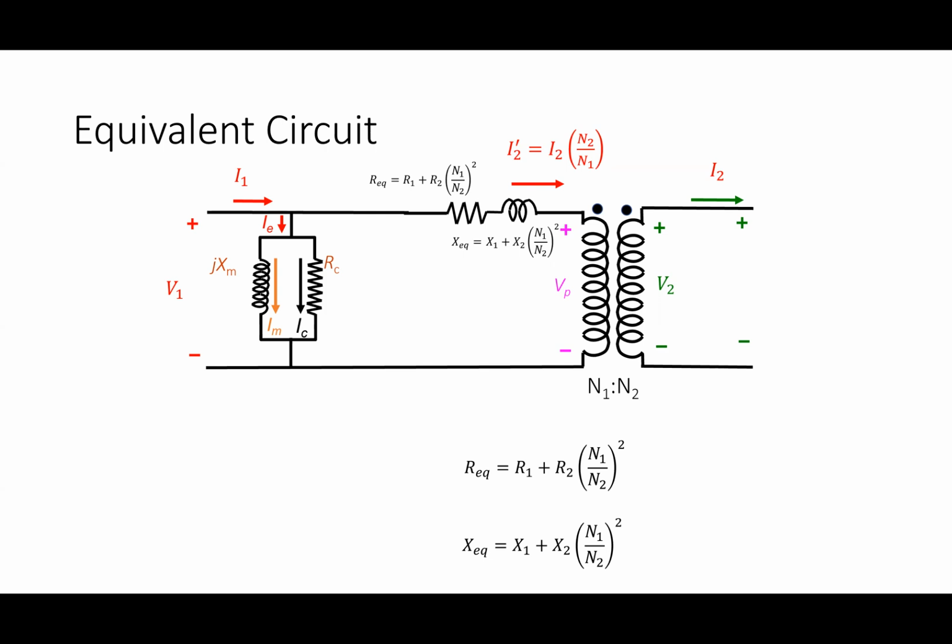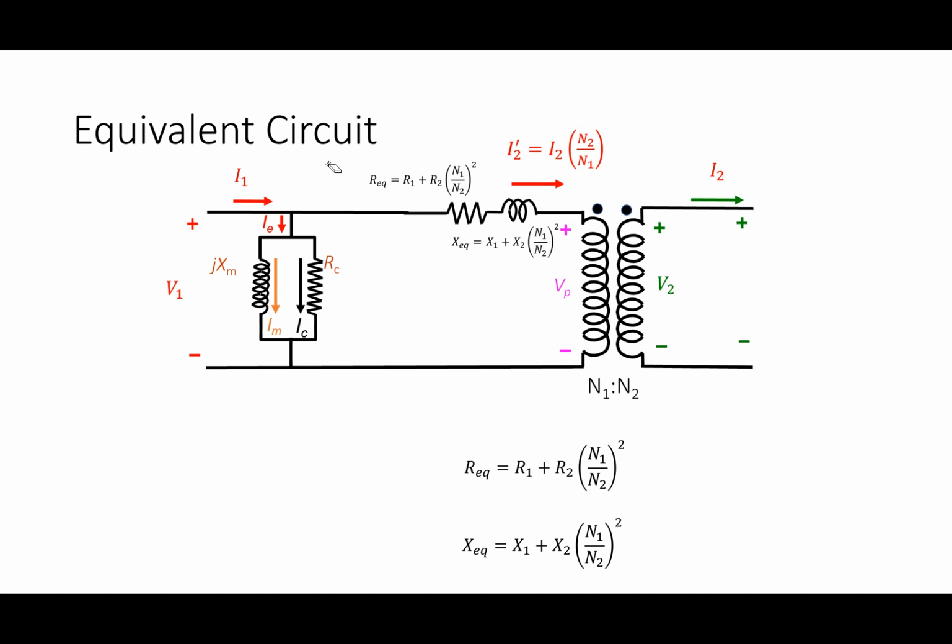Sometimes REQ and XEQ are shown on the other side. Both of them are wrong, but they're both pretty close. If you're an exact person, it will bother you, but it comes from the approximate values of these two things. This is the equivalent circuit model that we use.